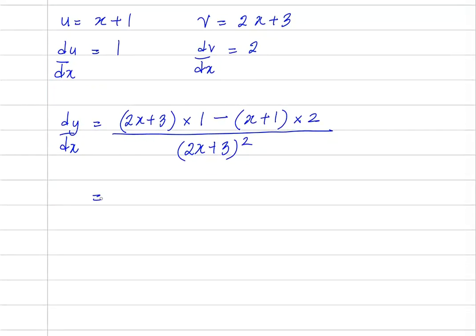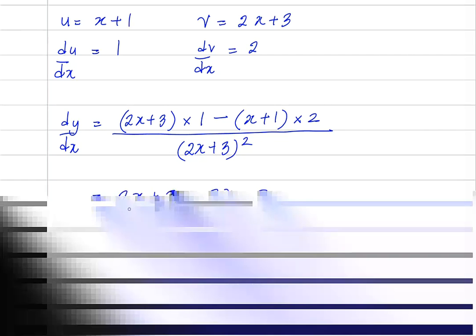So this is going to come out to be 2x plus 3, and at the top we have minus 2x minus 2. That's applying the distributive law.